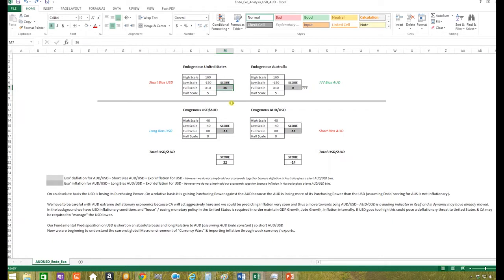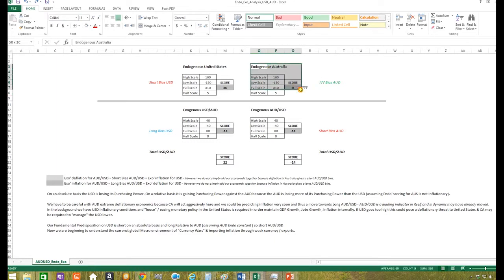Our score came in at 36 and gave us a short bias. So our predisposition here is that we believe the US dollar on an absolute basis is losing its purchasing power.